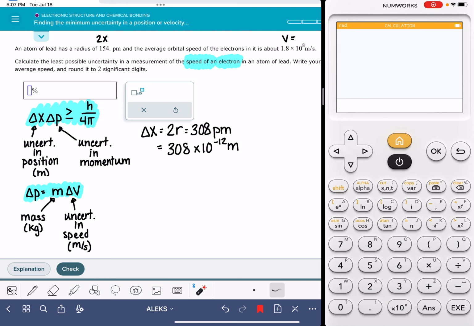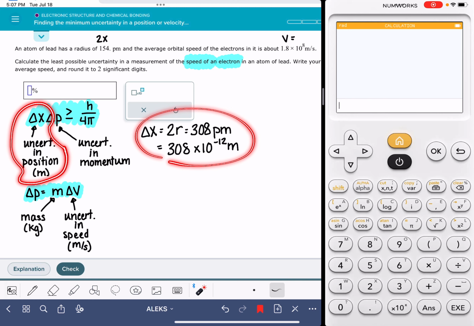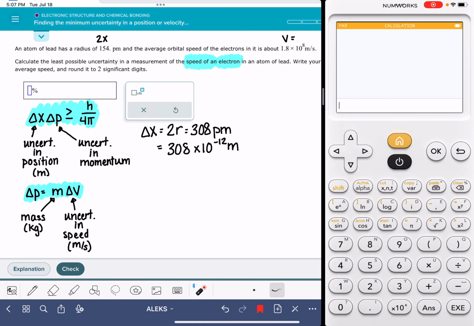So this gives me the uncertainty in the position of the electron, and since the rest of this portion of the equation is all constants, h is Planck's constant, pi is a constant, I can now use this equation to solve for the uncertainty in the momentum, which is what I'm going to do next. The uncertainty in the momentum, with some algebraic rearrangement, is equal to Planck's constant over 4 pi delta x.